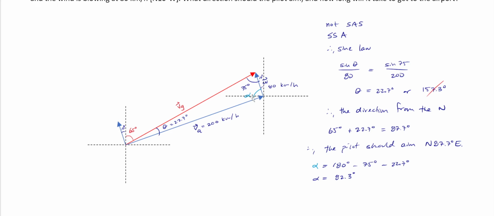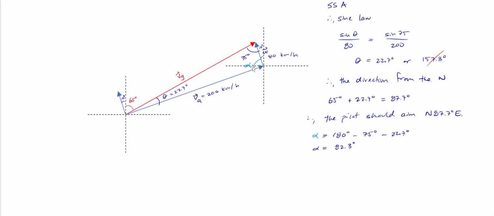So if I know that this angle alpha is 82.3 degrees and I have right here, I can use my sine law to say, okay, well, therefore, the magnitude of the ground velocity over sine of 82.3 is equal to 200 right here over the sine of 75.